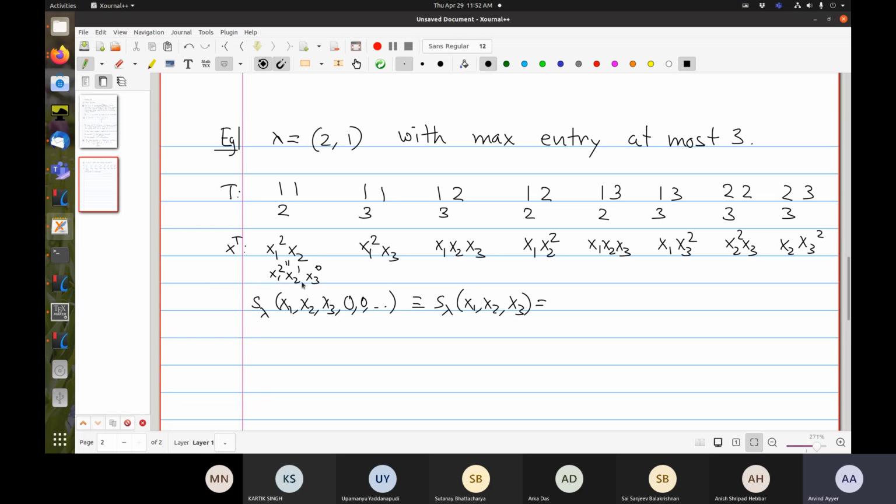So there is x1 x2 squared, that's here. Those two have x3 exponent 0. Then if you look at x2 exponent 0, you have x1 squared x3 and x1 x3 squared. And if you force the x1 exponent to be 0, you have the last two, x2 squared x3 and x2 x3 squared.